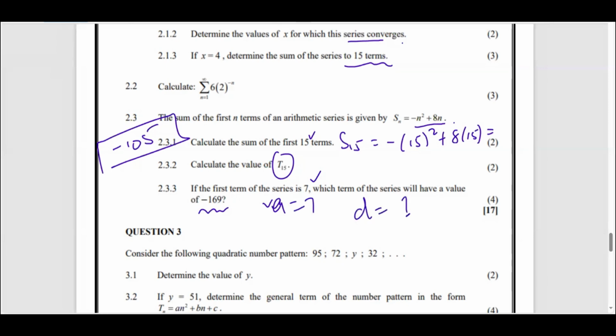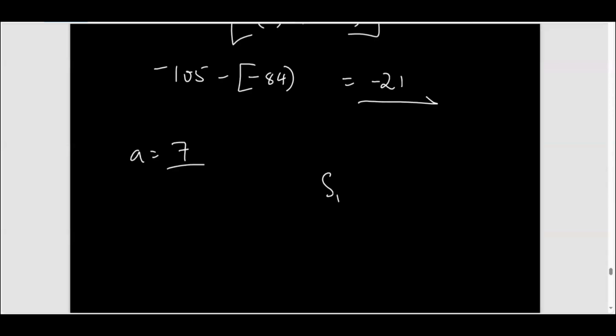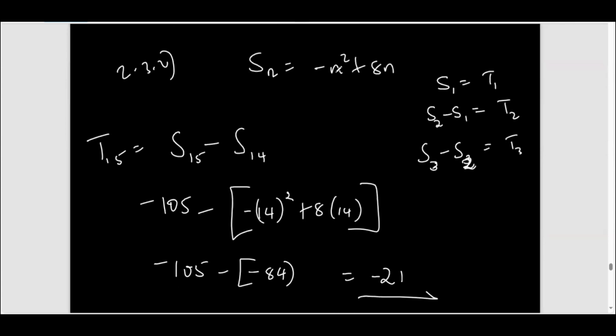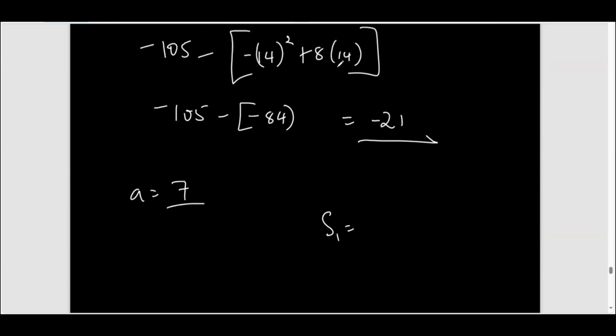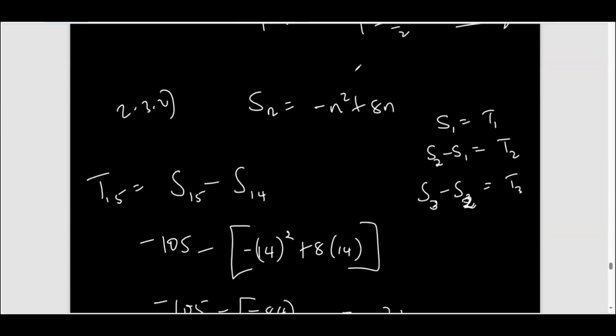We need the first difference before we can get the n of this. So we shall still do the basics, okay? Let's get S1. Just replace n with 1, that's going to be negative 1 plus 8, which is 7. Oh, they already told us that. Shame. Let's get S2. S2 is going to be negative 4 plus 16, which is 12.